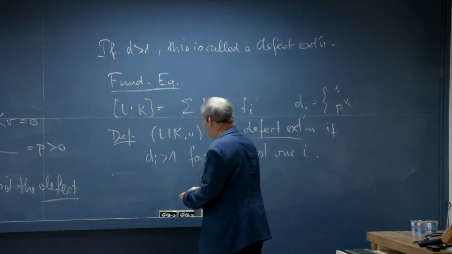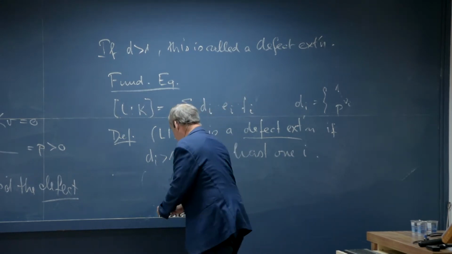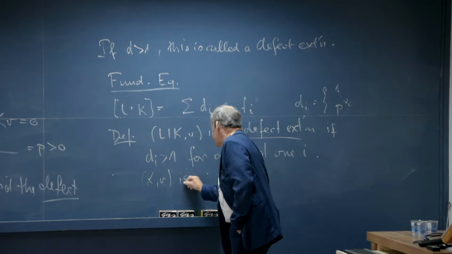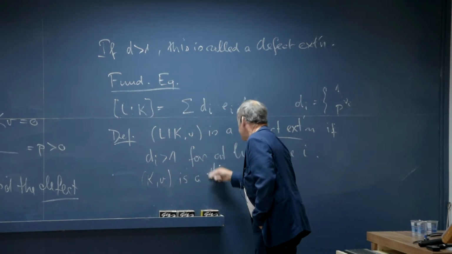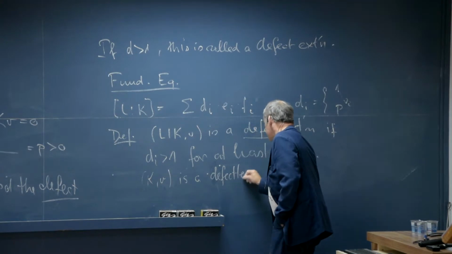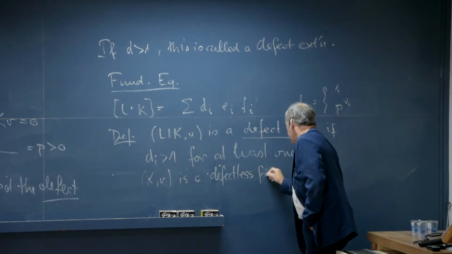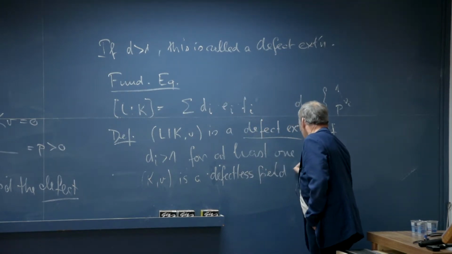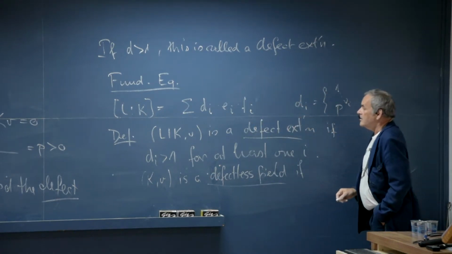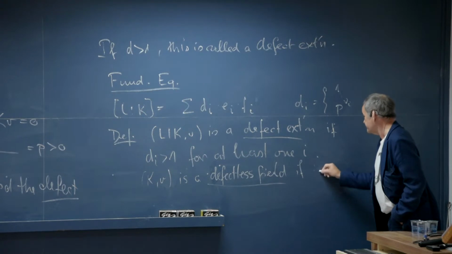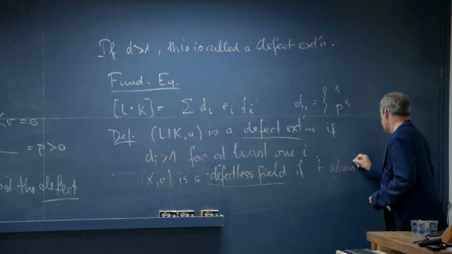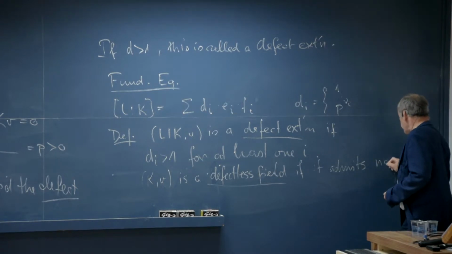And very important now, our field K with the valuation V is a defectless field if it admits no defect extensions.